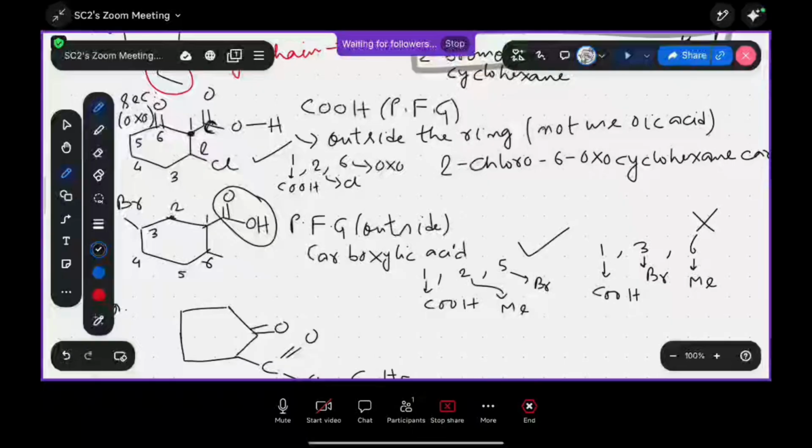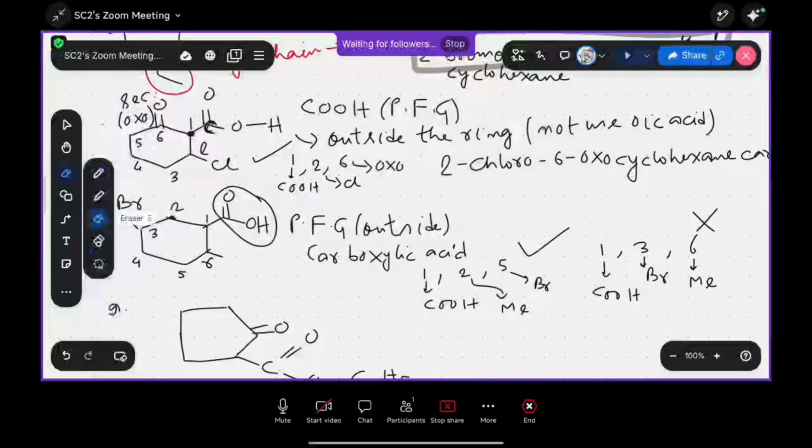So 1, 2, 5 means at the 1 position the carboxylic group, at the 2 position the methyl group, and at the 5th position the bromine is present. That is the correct one. And the next one, 1, 3, 6, is wrong.